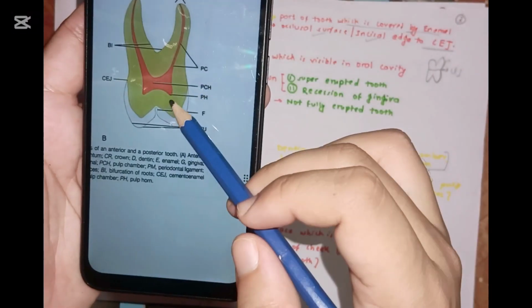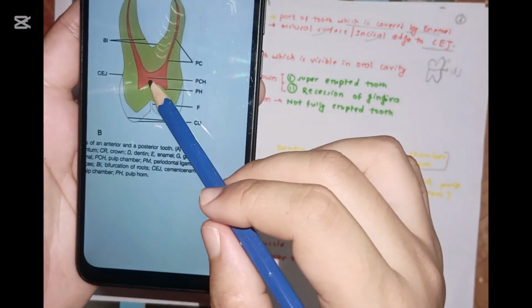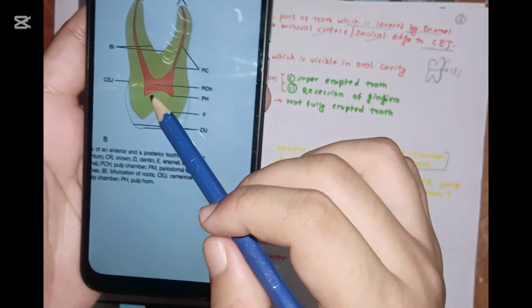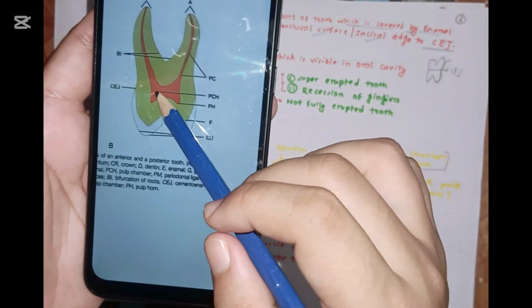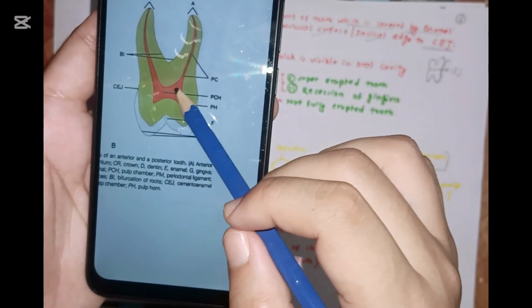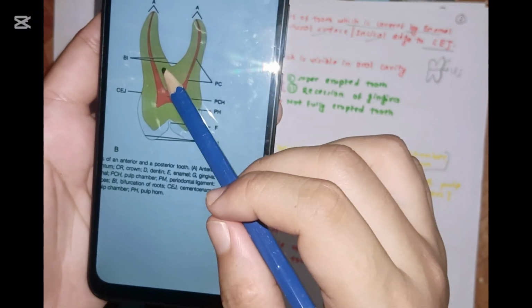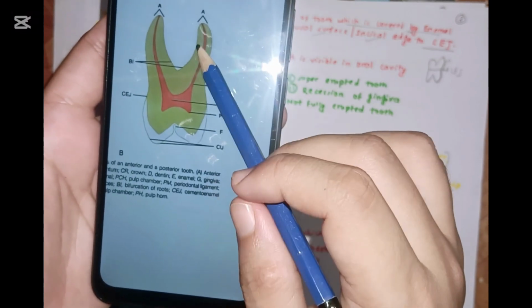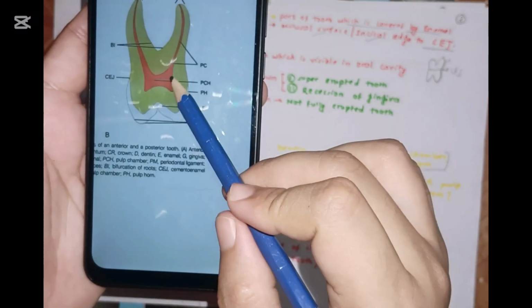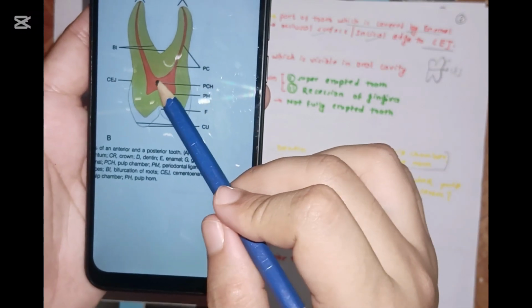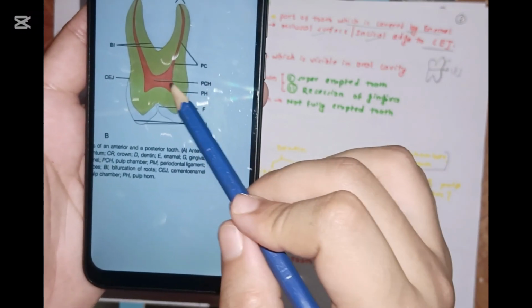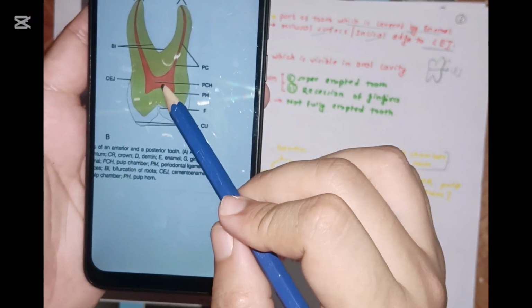In posterior teeth, we can see here that the pulp is bifurcated, as the root of the tooth is also bifurcated. In the crown portion of the tooth, this is the pulp chamber, and it gives off two roots.